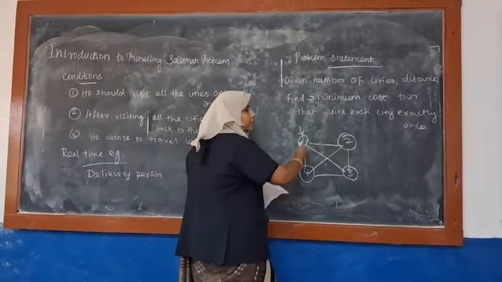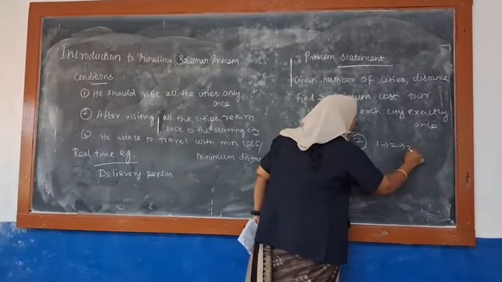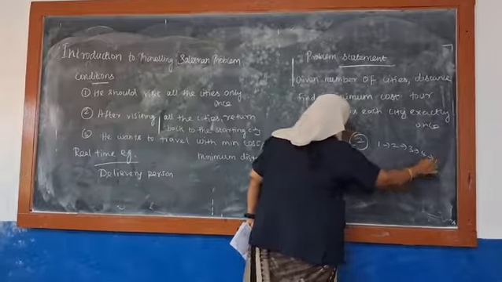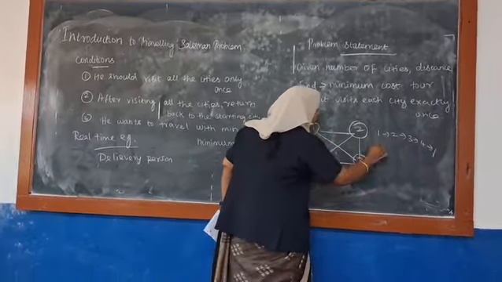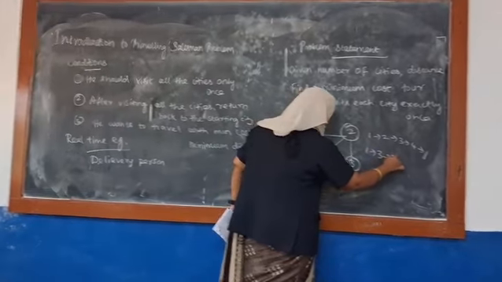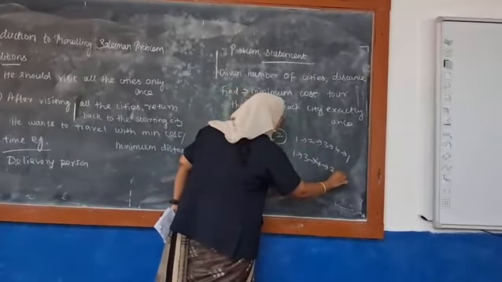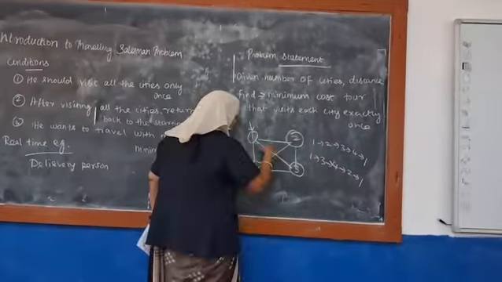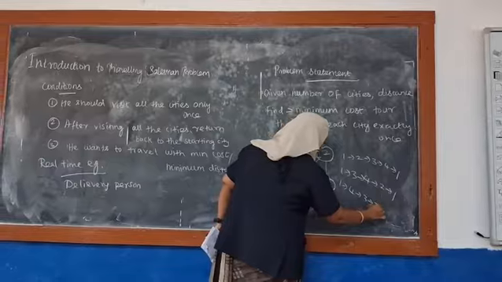He can go in any order. Either he can go 1, 2, 3, 4 and 1, or else he can go 1, 3, 2, 4, 1. Like 1, 3, 4, 2, 1, or else he can go 1, 4, 3, 2, 1.